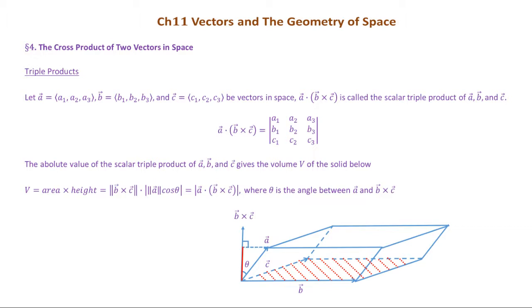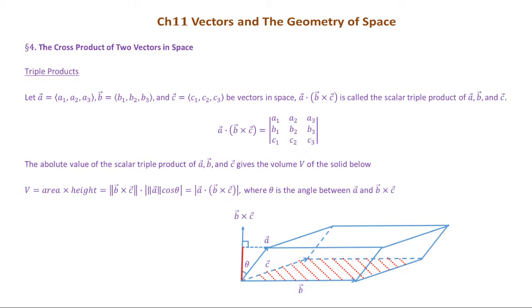So then suppose the angle between A and B cross C is theta, shown in the graph. Then the volume of this box is just the area of base times the height. Okay, so what's the area of this base? It's just the magnitude of B cross C. Remember, we got a parallelogram in the base plane formed by B and C. So the magnitude of B cross C gives you the area of this parallelogram shown in the red dots.